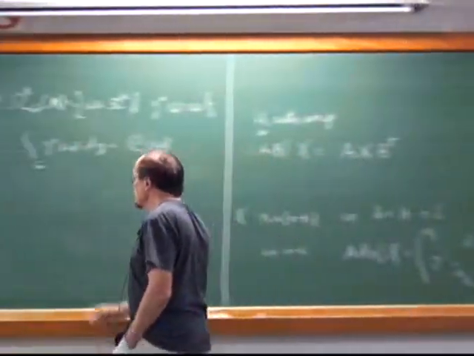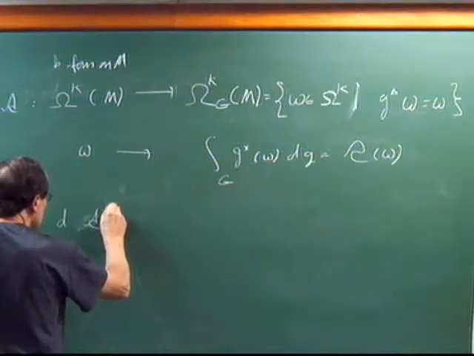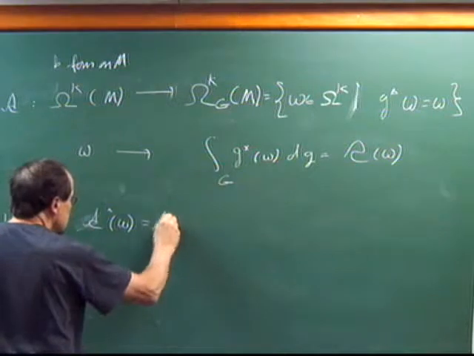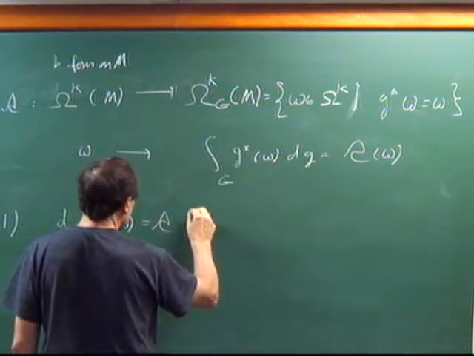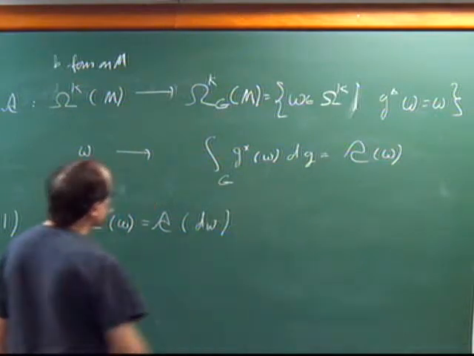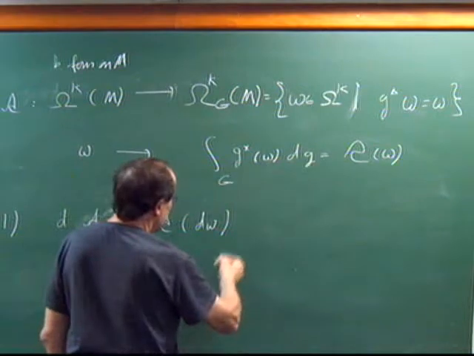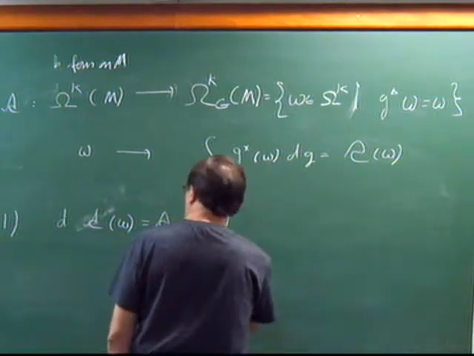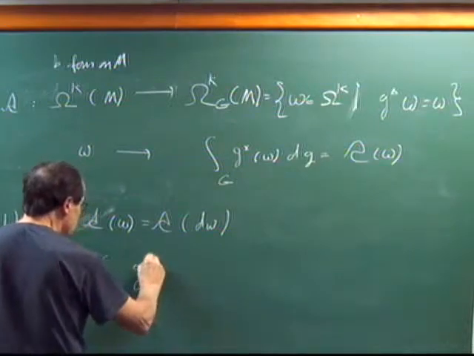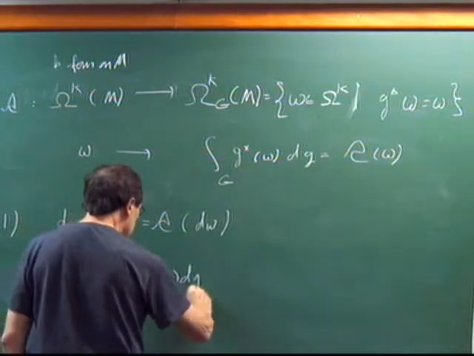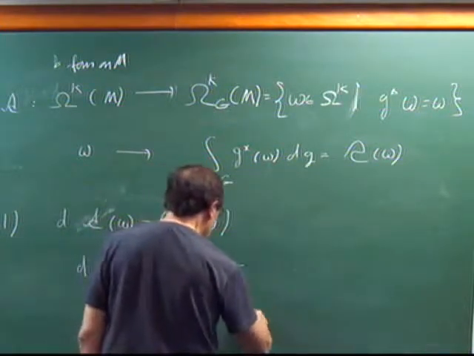First, it commutes with exterior derivative. Right, because I can bring the d inside, right? So this here would be d of the integral g star omega. Integrals and exterior derivative are interchangeable.